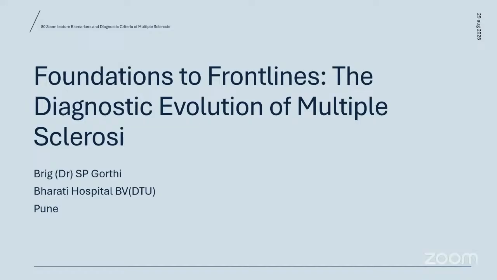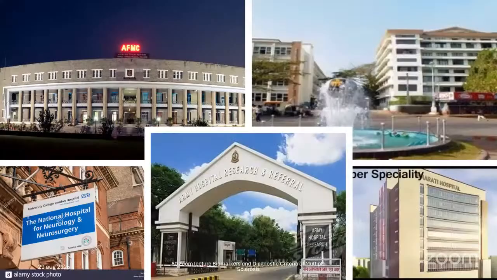The foundations to frontiers, the diagnostic evolution of multiple sclerosis based on biomarkers, that is, evolving biomarkers, which is a very important concept. We'll be briefly discussing all the biomarkers before we go on to the diagnostic criteria.